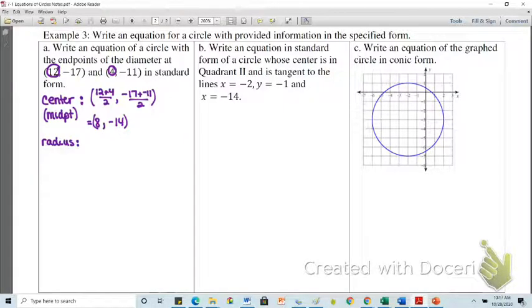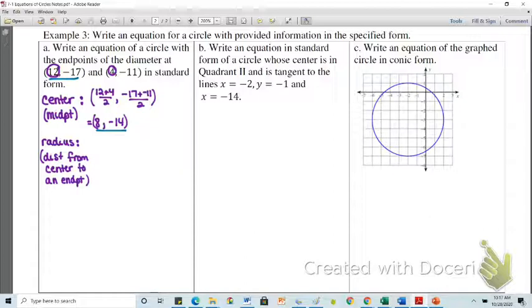I'm going to use the distance formula from the center, which I just found, to an endpoint. Okay, it doesn't matter which endpoint I pick, either one will get me the exact same answer. So I'm going to use my center, and I am going to use the point 12, negative 17.